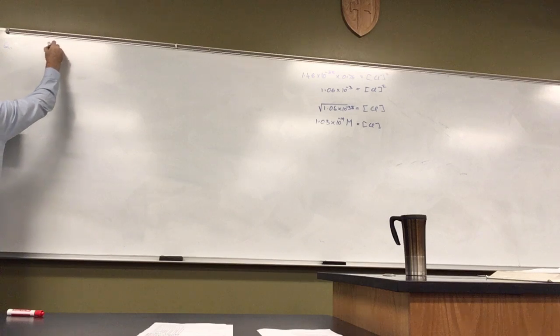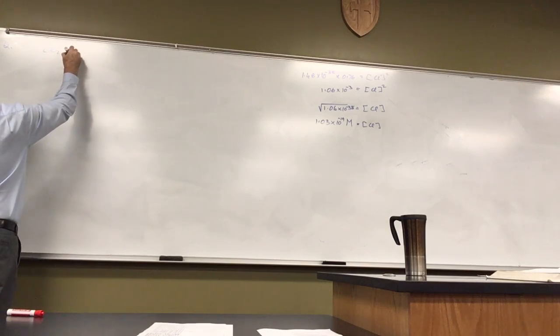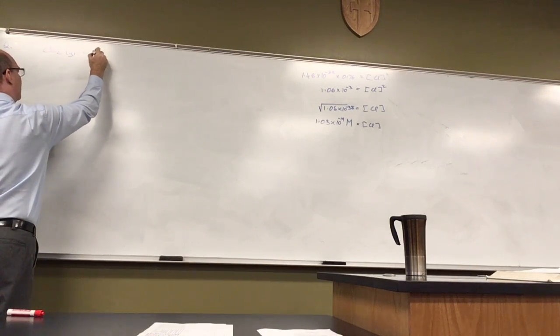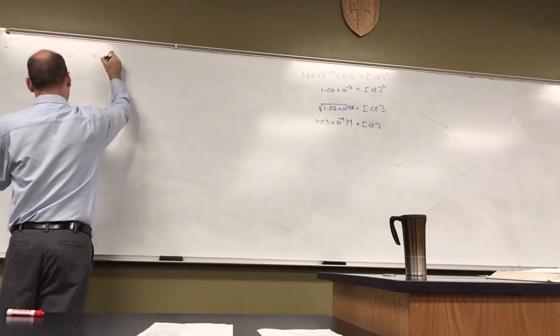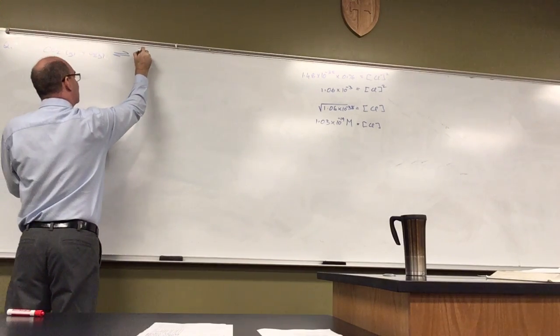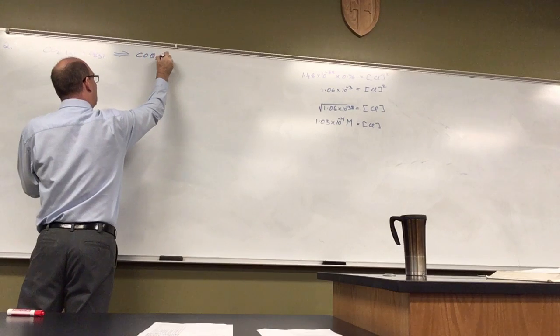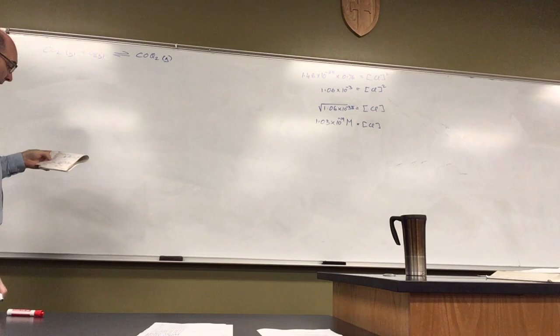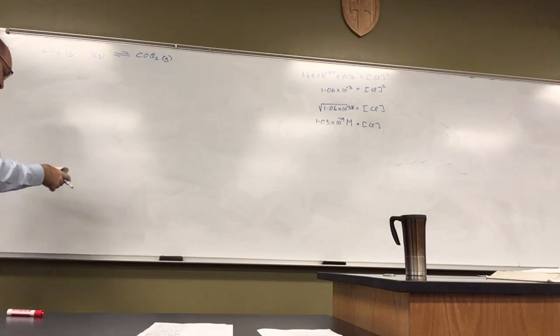Question. Here we go. Carbon monoxide is a gas, and it reacts with chlorine, Cl2, which is a gas, and it makes COCl2, which is a gas. And that balances.